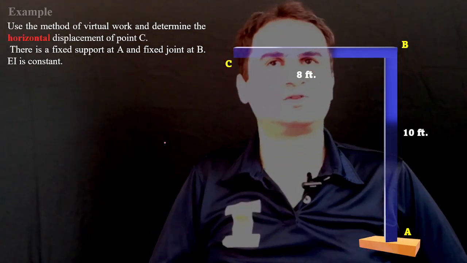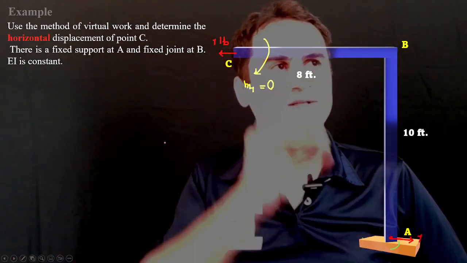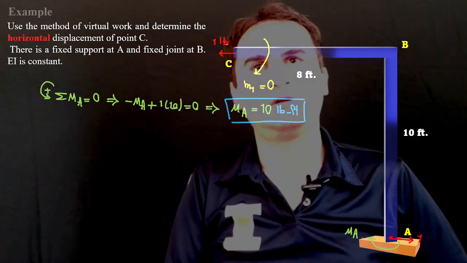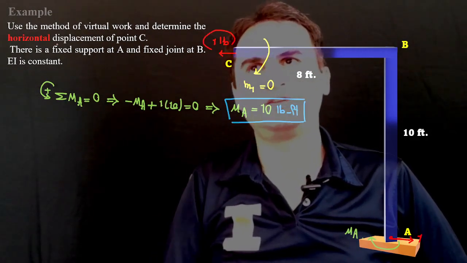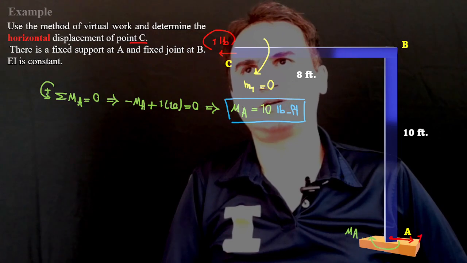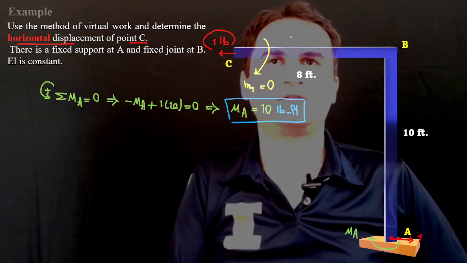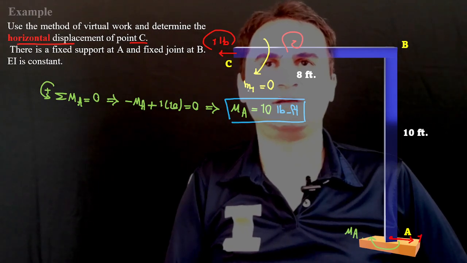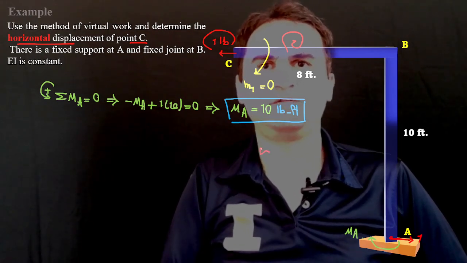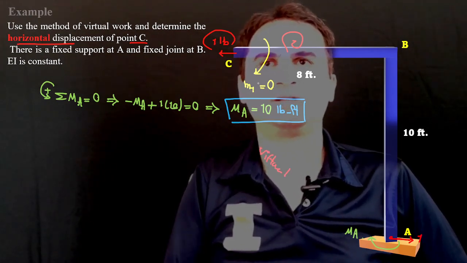So as soon as we release all the forces and apply one load in the direction of our horizontal displacement and cut the section through the first part, it gives us m1, the small m, the effect of the virtual moment, that is 0.